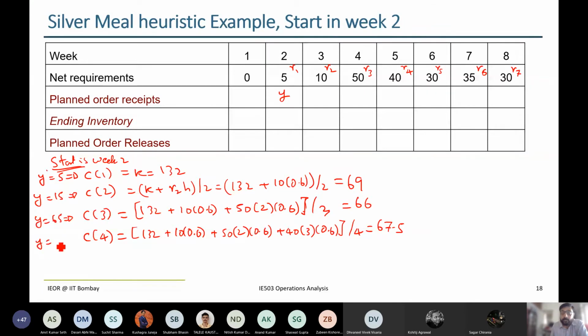Fourth case y will be 65 plus 40, 105. That means I have to produce 5 units to be consumed immediately, with a setup cost, plus 10 units for the next period, 50 for 2 periods and 40 for 3 periods. But here we see that C of 4 is greater than C of 3. So we stop because it has reached the stopping condition.